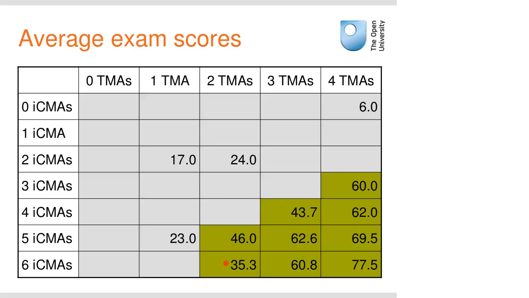So anyway, we would like to control this for how good the students are, and luckily at the Open University, we have a statistics team in our Institute of Educational Technology, and they have a fairly good model of the students, and it takes into account factors like the students' demographics and their previous education, and we'll get a prediction of what we would expect their course result to be based on general factors.